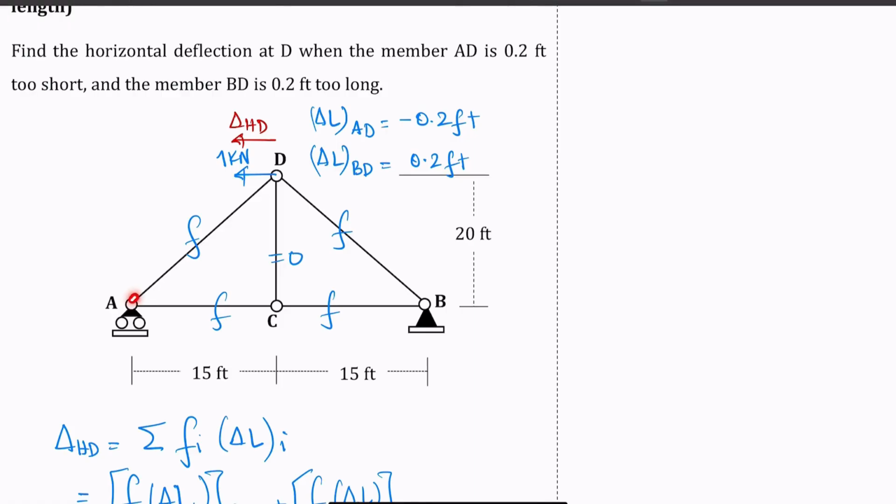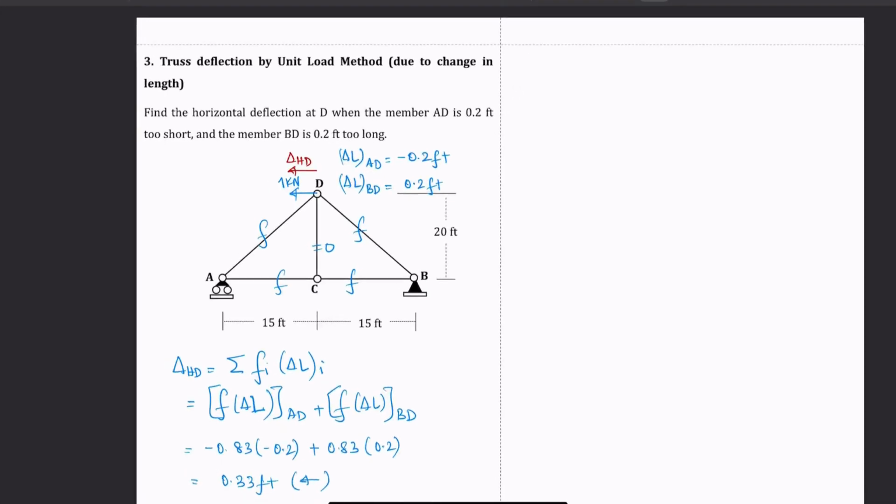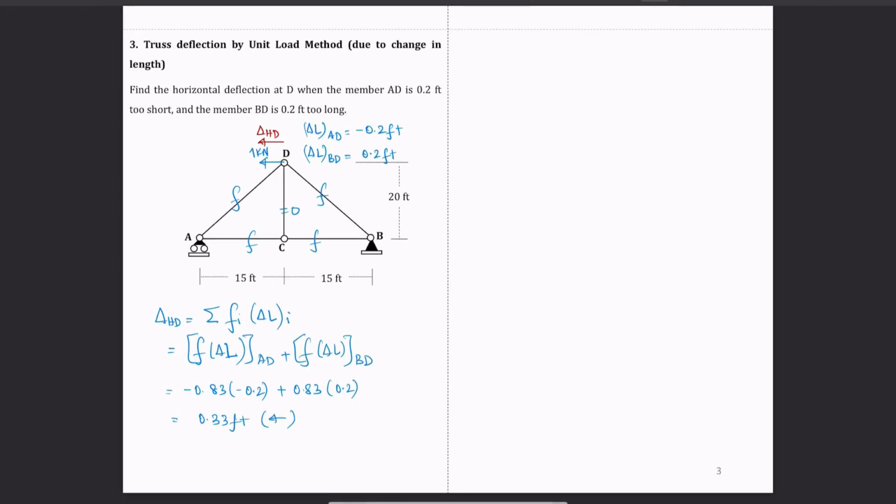AD is too short, so it'll be over here, and BD is too long, so it's over here. So that means finally your net deflection will be exactly moving towards your left. So that is all about truss deflection using unit load method for your FE.